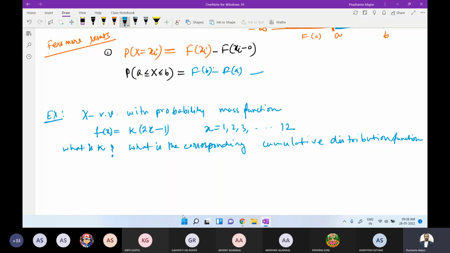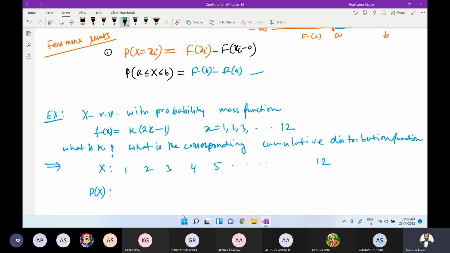So if you write down in this tabular form, it will be xi and the corresponding probability. x equals 1, 2, 3, 4, 5, and so on up to 12. What are the corresponding weights or masses of each random variable?